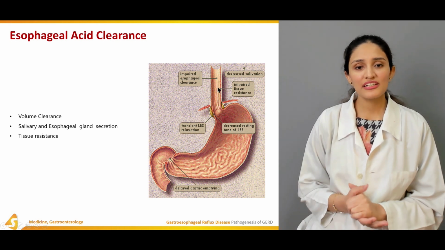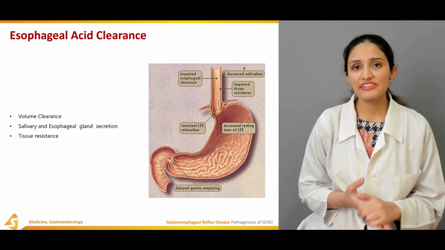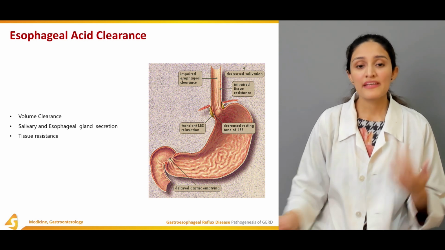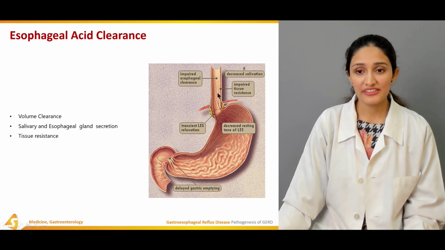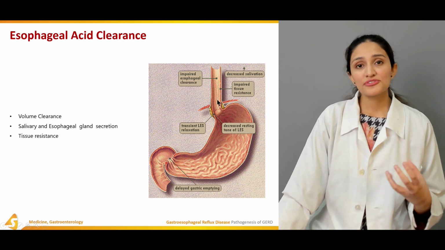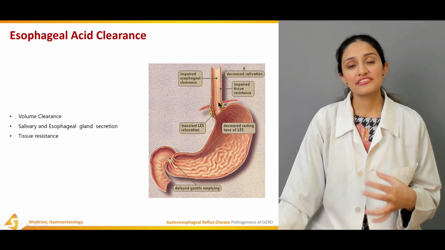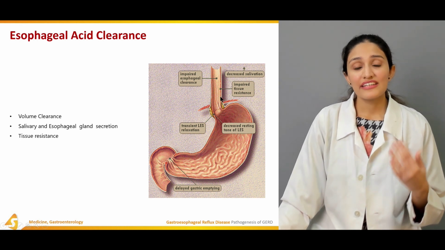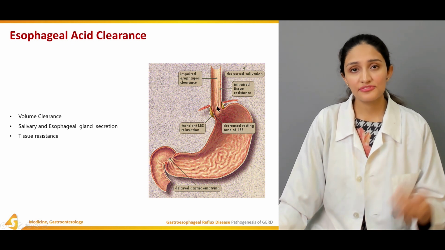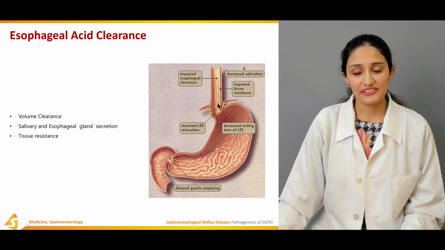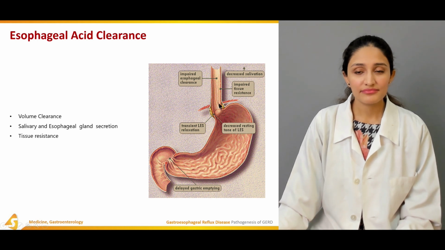Now you'd be asking, why do we really need saliva? What does saliva do? The saliva has a pH of 6.4 to 7.8, so it naturally neutralizes the acid present in the esophagus. It neutralizes and dilutes the acid, and thus the esophagus is freed of the acid present because of the reflux.